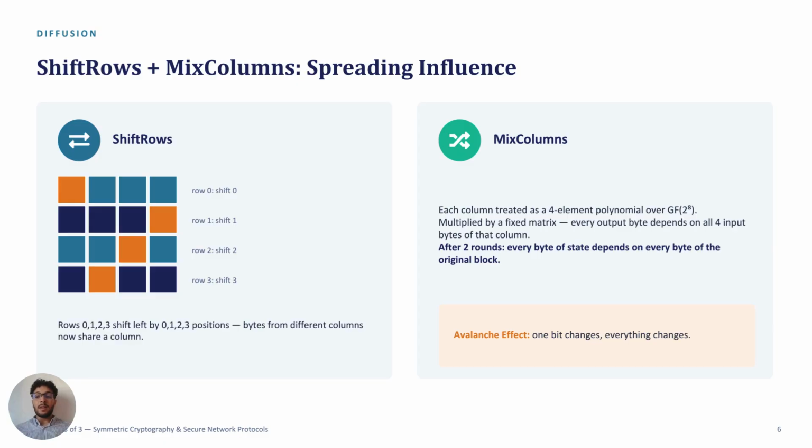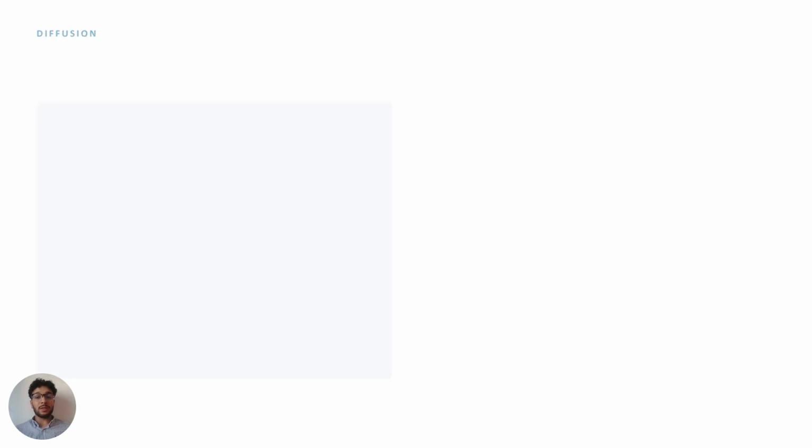MixColumns then mixes each column, treating the 4 bytes as a polynomial over GF(2^8) and multiplying by a fixed matrix. After this operation, every output byte depends on all four input bytes of that column. Combine that with ShiftRows, and after just 2 rounds, every byte of the state depends on every byte of the original plaintext. This is the avalanche effect. One bit change, everything changes.